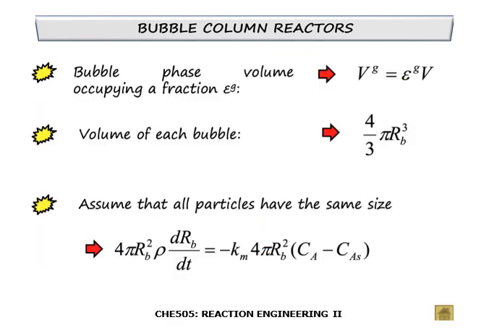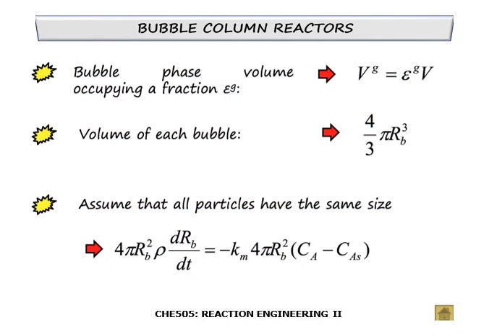So theoretically, the bubble phase volume occupies a fraction, which is the volume of gas. So if it is given the volume of reactor, the void fraction of gas epsilon times the volume of reactor or volume of fluid, something like that. Because it was in the previous slide, you have to check it on your own.